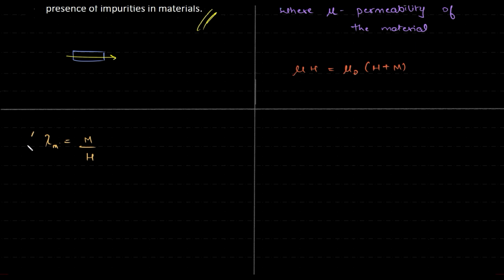On substituting, we end up with what? Mu H, which is equal to mu naught (H plus, in place of M, chi H). In all the terms, H is common. And so we have mu is equal to mu naught (1 plus chi). That's your answer.